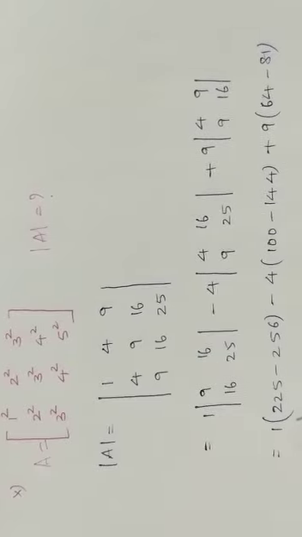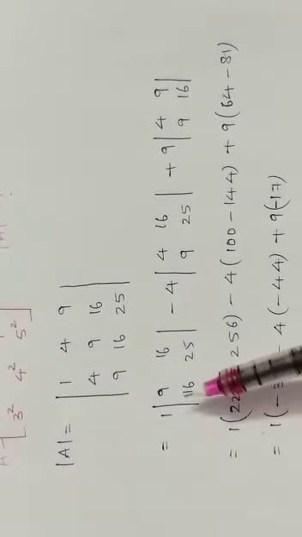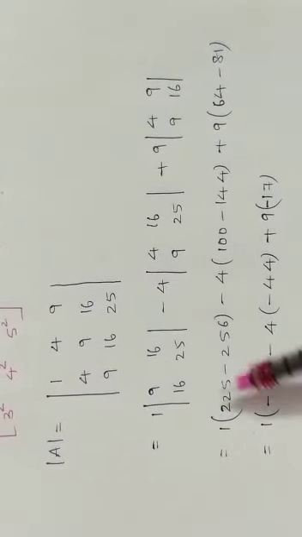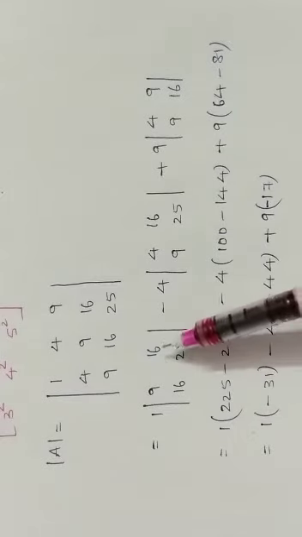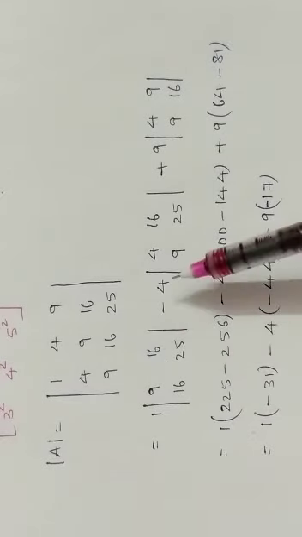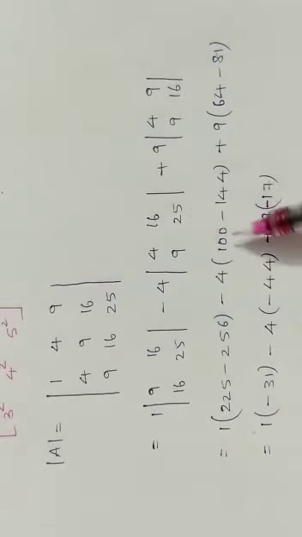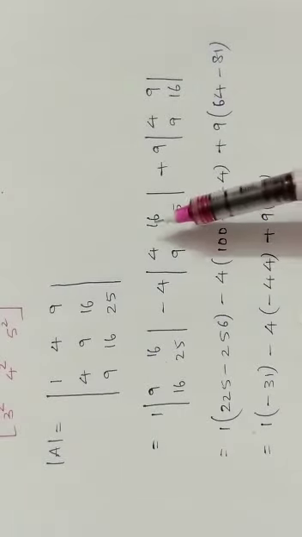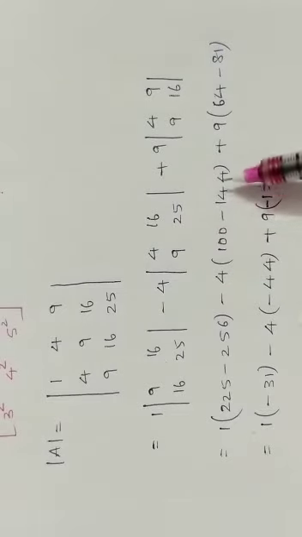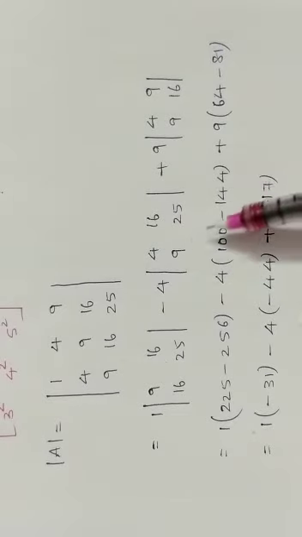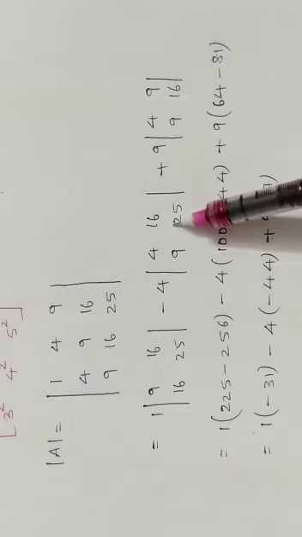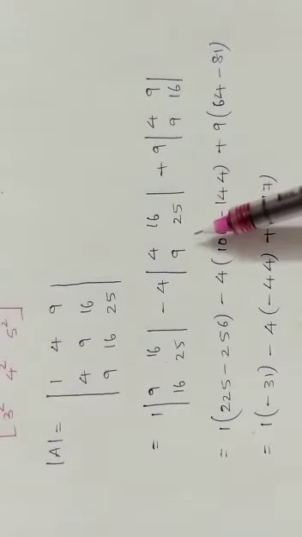Now the simplification part. 1 into 9 into 25, 225 minus 16 16s are 256, minus 4 into 25, 100 minus 16 9s are 144. How are we getting AD minus BC?